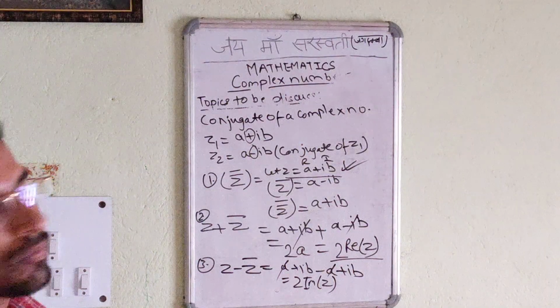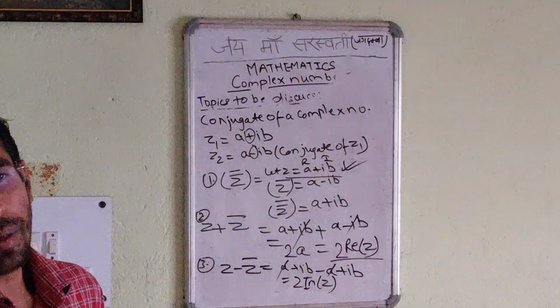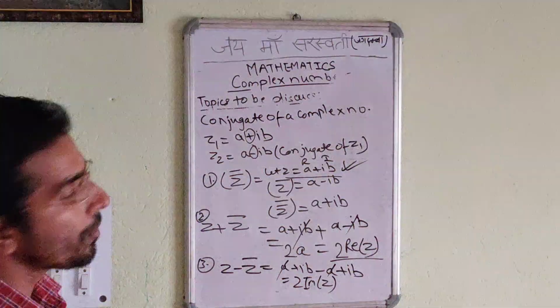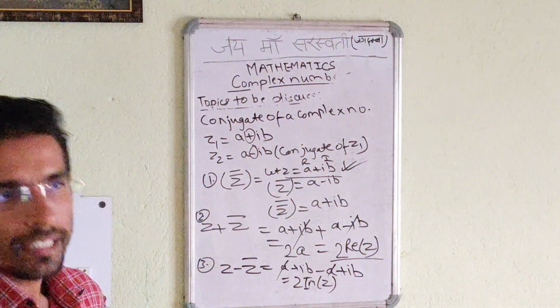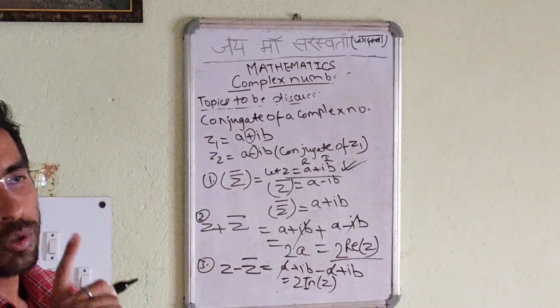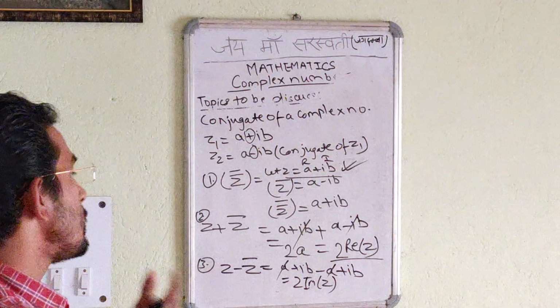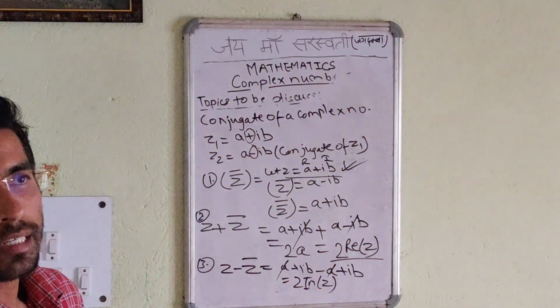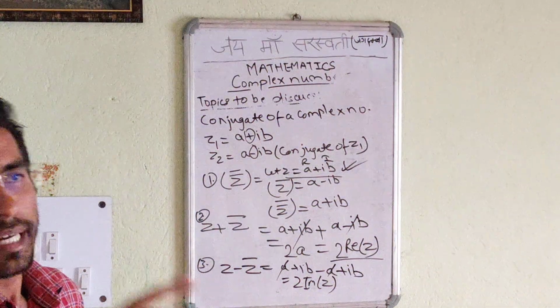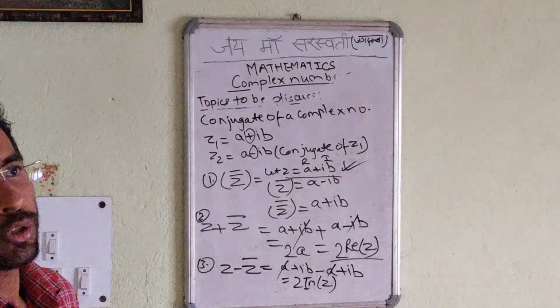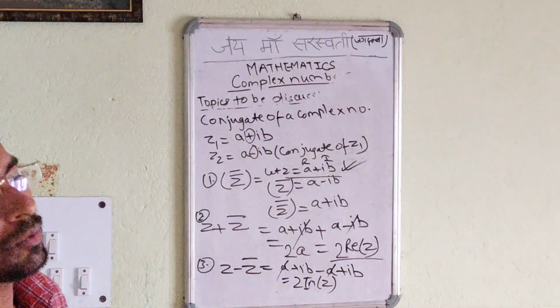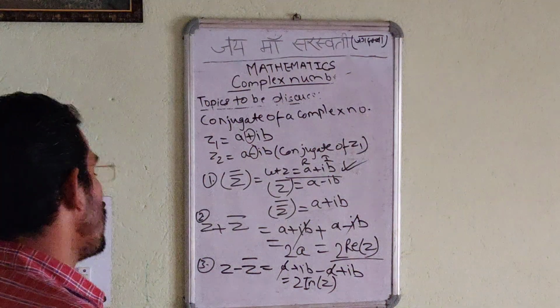The first property is that the double conjugate of z will be z only. The second property is that if we add the complex number with its conjugate, we get twice the real part of z. The third property is that if we subtract the conjugate from any complex number, we get twice the imaginary part of z, which we had checked also.